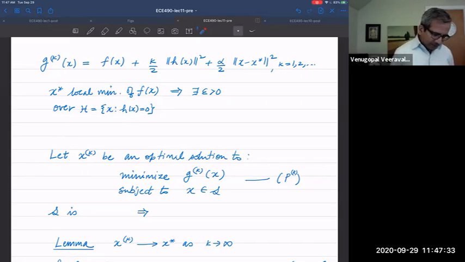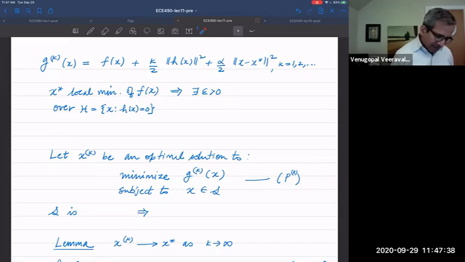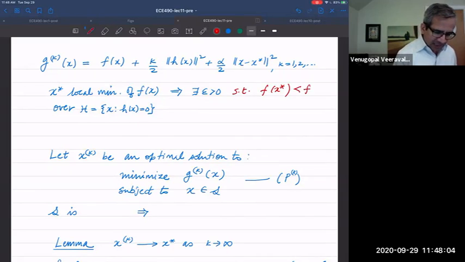Okay. X star is a local minimum of f under the constraint set script H. We know that the definition of local minimum is that there exists an epsilon, might be small, you can choose it to be as small as you like, but it has to be positive, such that if I look at any x in a ball around x star with that size epsilon, I should be able to make my f of x star smaller than every value in that ball.